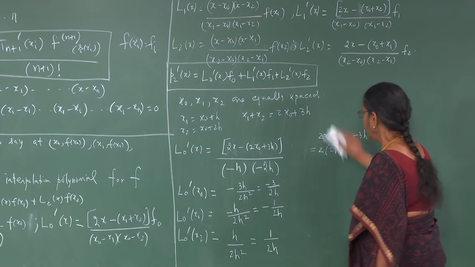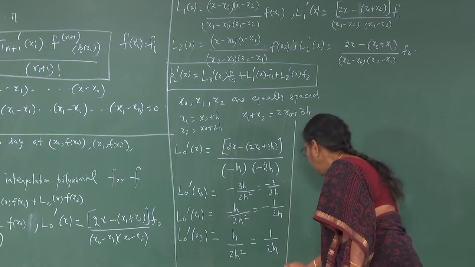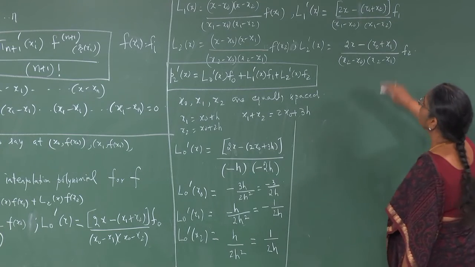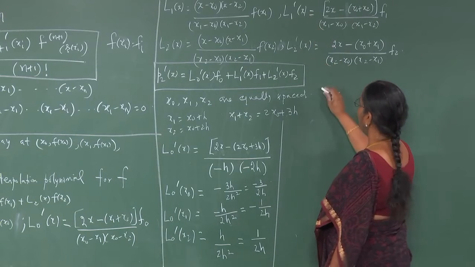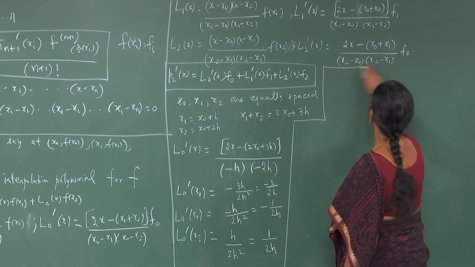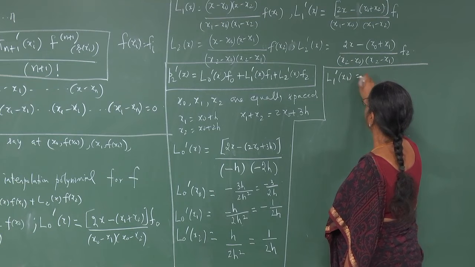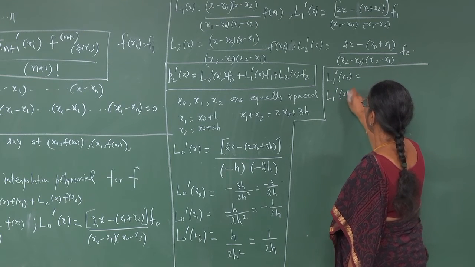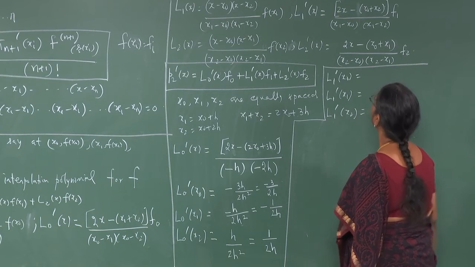So, we have the results for L0 dashed evaluated at all the nodes. This must be done for the other derivatives also. So, let us find out what is L1 dashed at x0, L1 dashed at x1 and L1 dashed at x2.